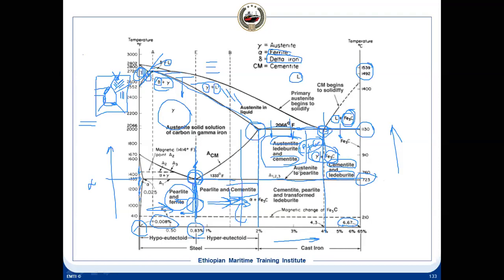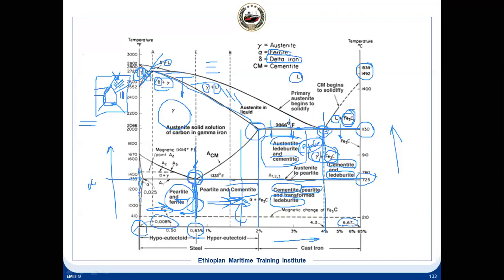Now let us move down below the eutectoid temperature. Here, on this side, it will transform into cementite, pearlite, and transformed ledeburite. It means here the austenite will not exist. There is no austenite here.